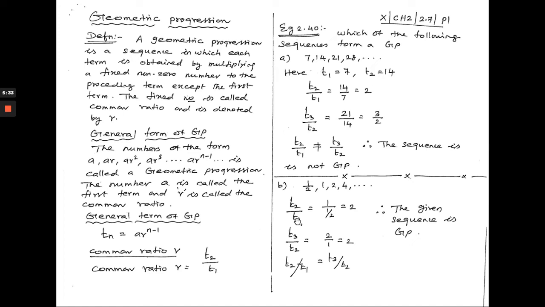T2 by T1 is second term 1 divided by first term 1 by 2, which is equal to 2. T3 by T2 is 2 by 1, which is equal to 2. So the ratios are equal. In the given sequence, the ratio is common, therefore the given sequence is in GP.